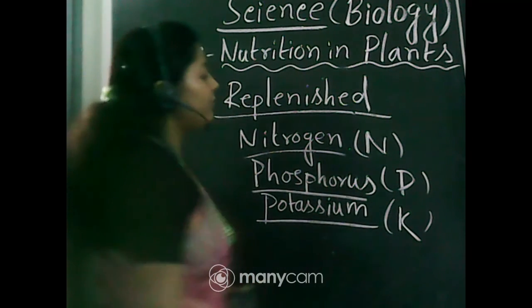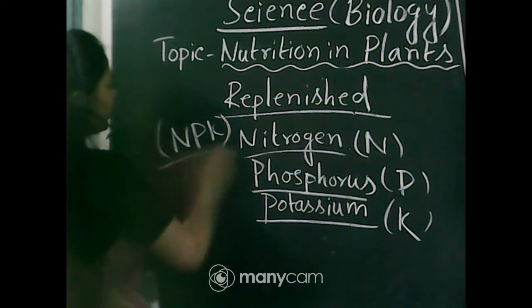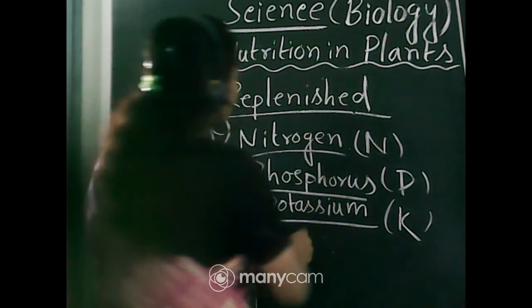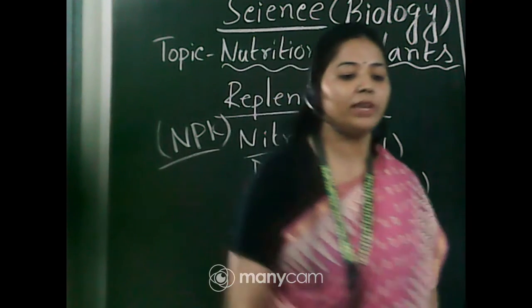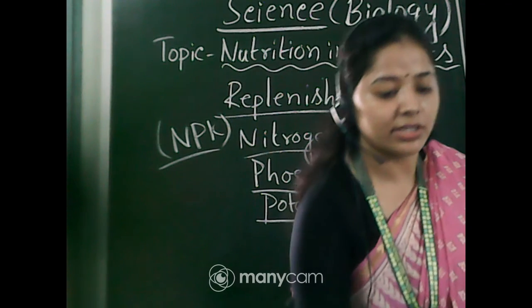There is a fertilizer known as NPK, so that fertilizer contains nitrogen, phosphorus, potassium. There are so many fertilizers, IR 36, so many fertilizers are there.